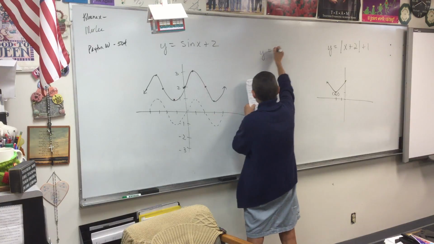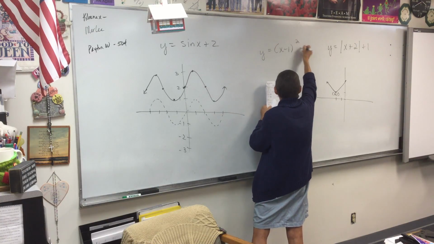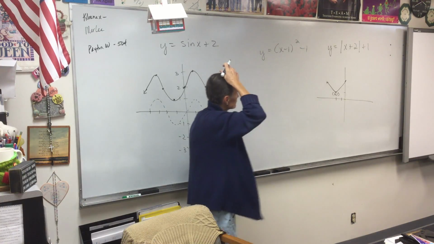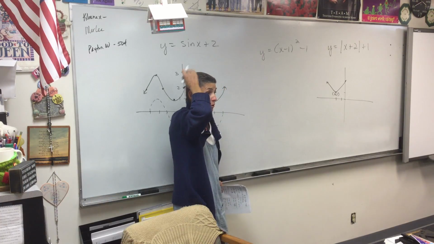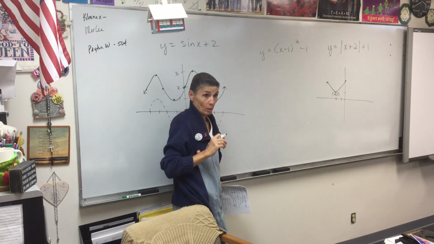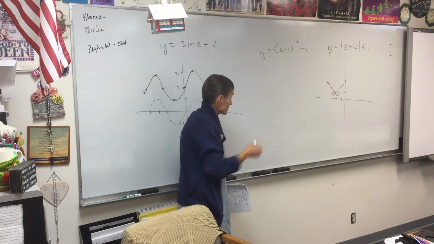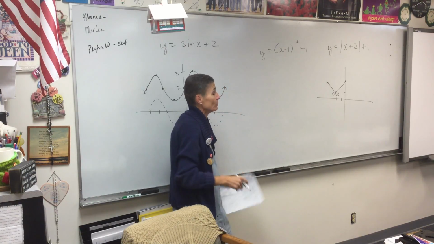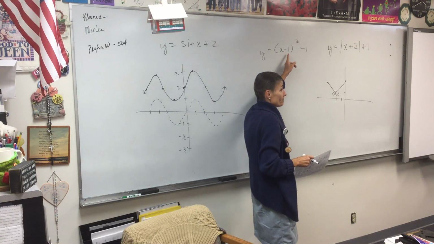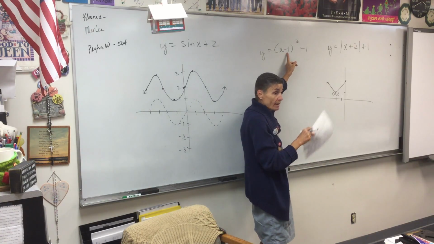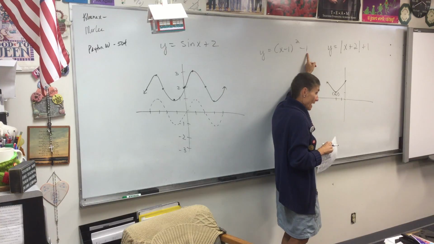C. Okay, what shape? First of all, what shape are we going to have? We're going to have a parabola. Everybody's got that. But it's moved, just like our V got moved. Our parabola's getting moved. How's this one getting moved? To the right one and down 1.